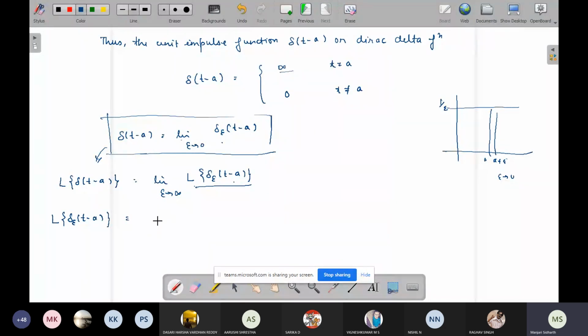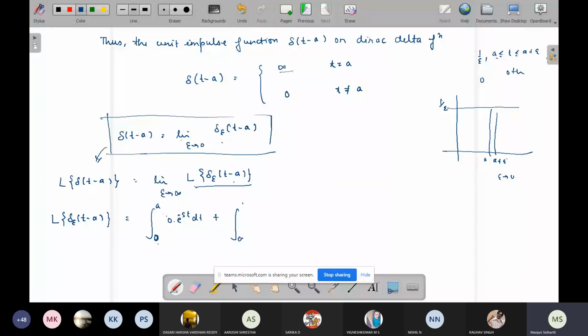Now it was defined from 0 to infinity, the whole interval. So let's break that. If you remember, from a to a plus epsilon its value is 1 by epsilon, and otherwise 0. So 0 to a, its value is 0, e power minus st dt.